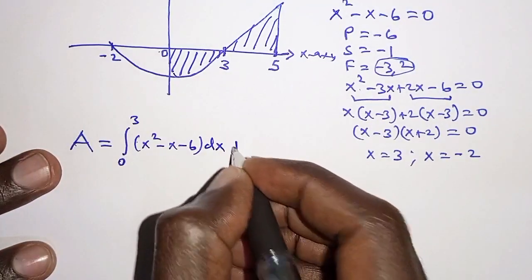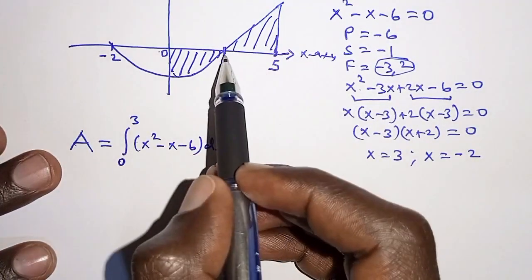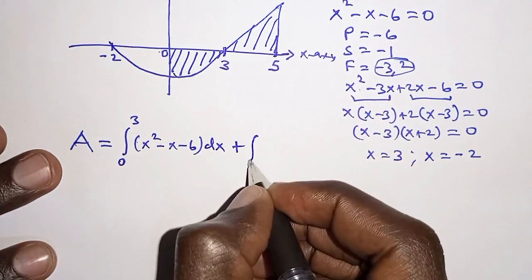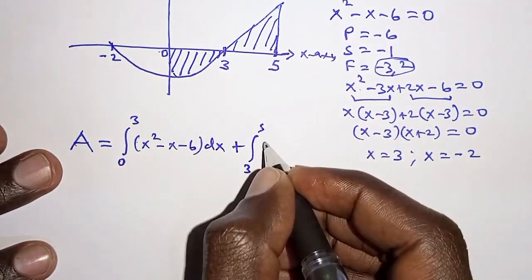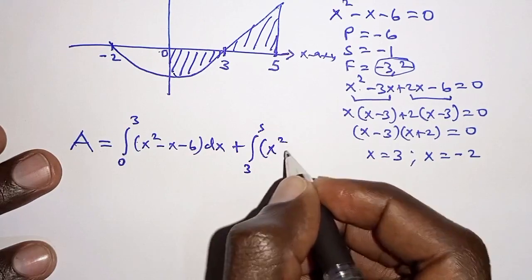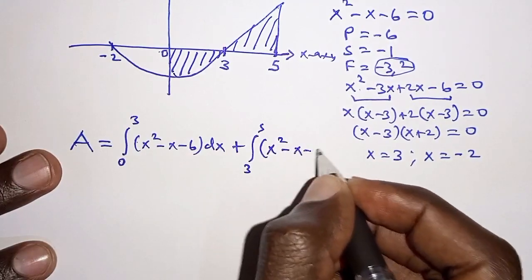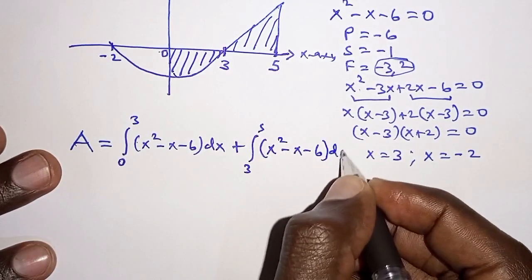And then we also do the same for the limits 3 to 5. That is from 3 to 5, we have x squared minus x minus 6, again with respect to x.